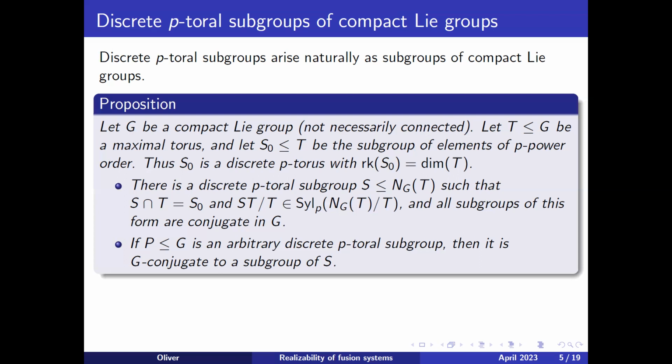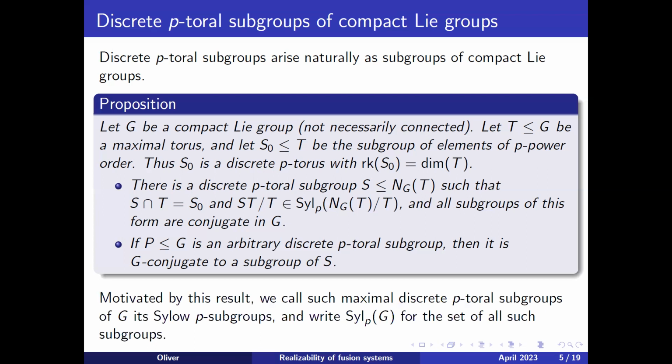Any two of them are conjugate in G. And in fact, I remembered after writing the slide that they're actually conjugate in the normalizer of the torus. And then if P is an arbitrary discrete p-toral subgroup of G, then it's G-conjugate to a subgroup of S. So these subgroups have all the properties that one wants of Sylow subgroups.